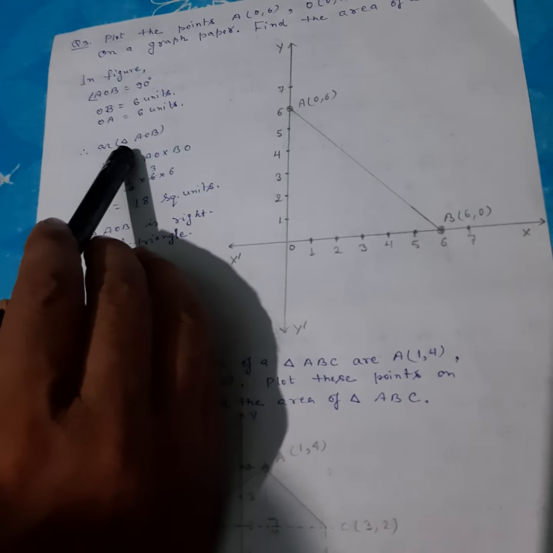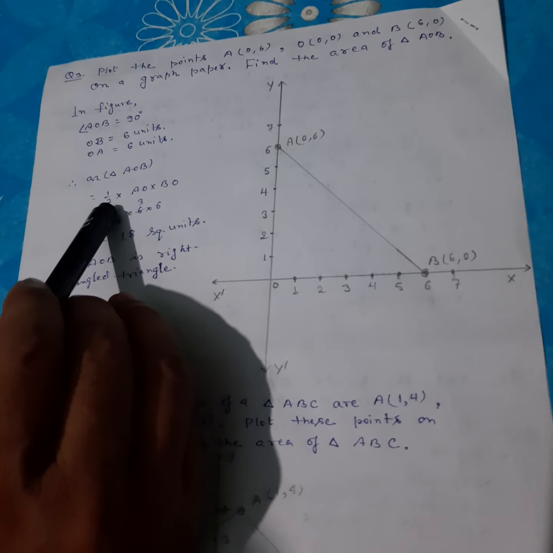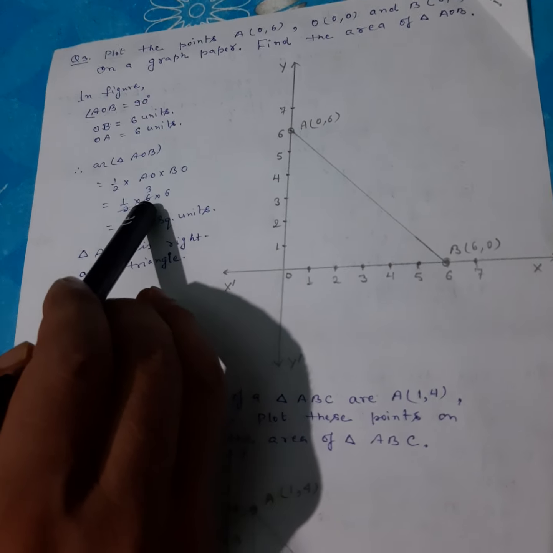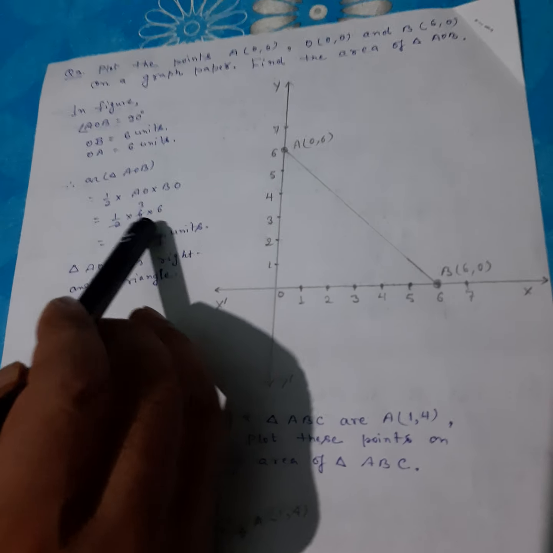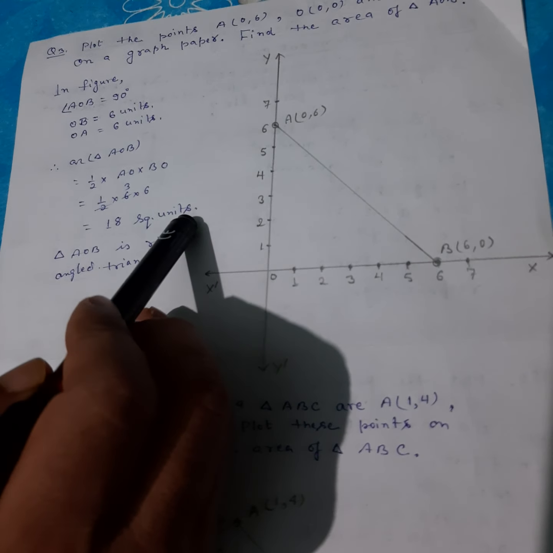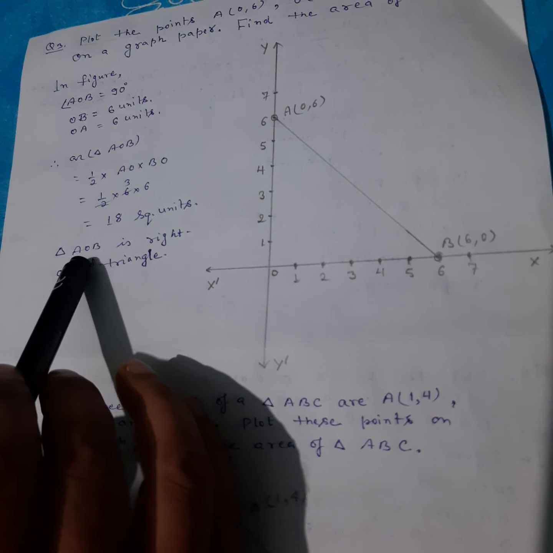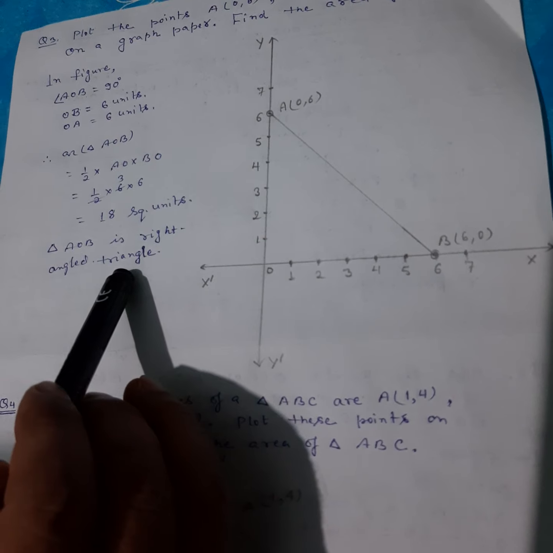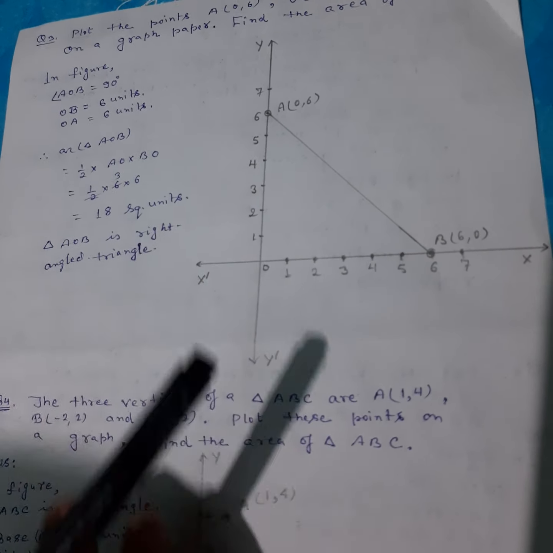So area of triangle AOB equals 1 by 2 times AO times OB, that is 1 by 2 times 6 times 6, 36 by 2, 18 square units. Triangle AOB is a right angle triangle and its area is 18 square units.